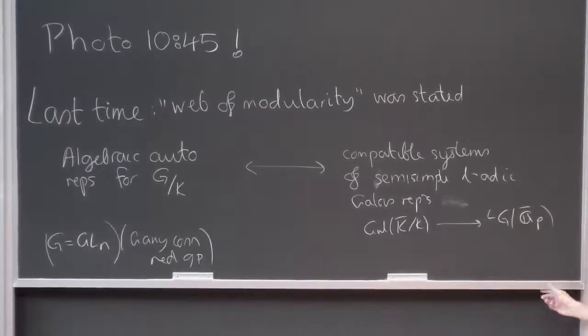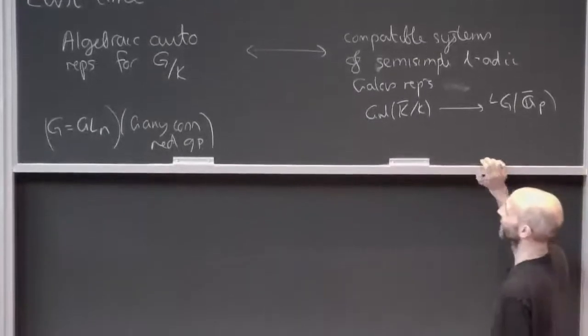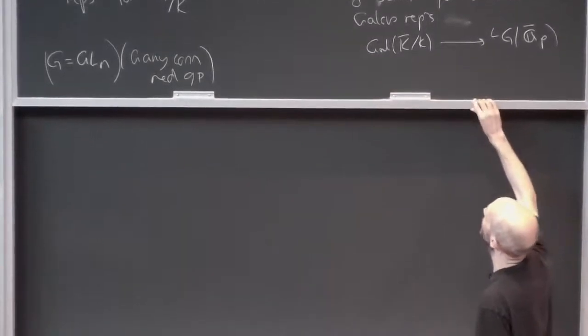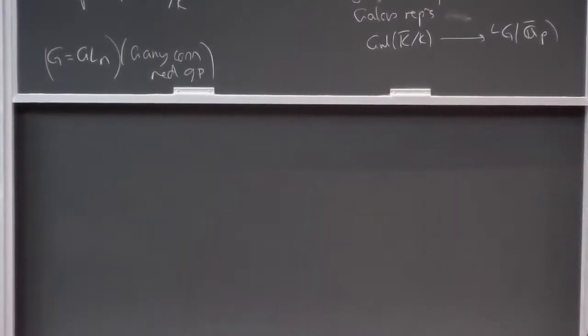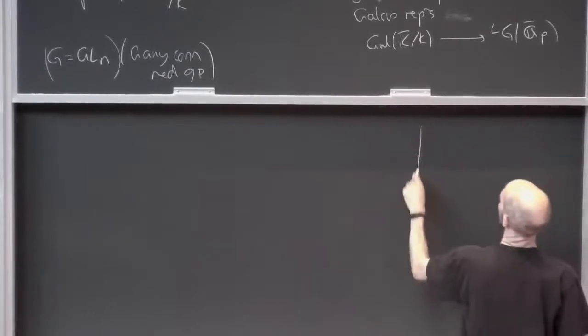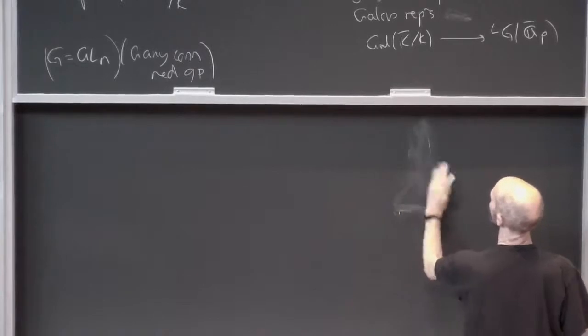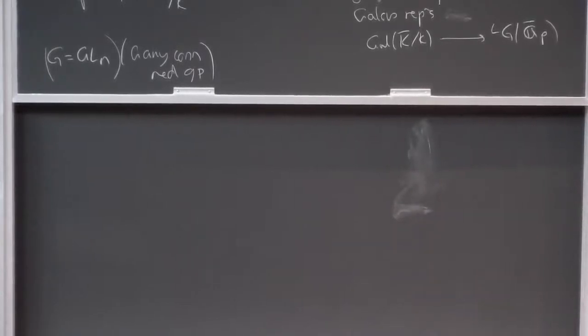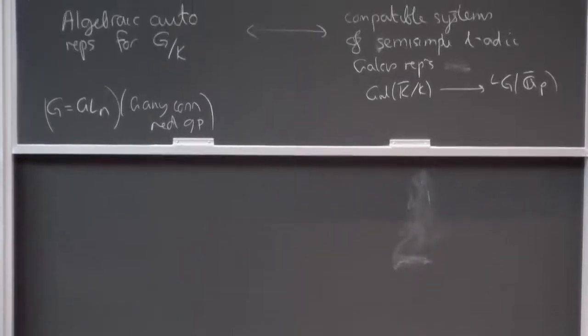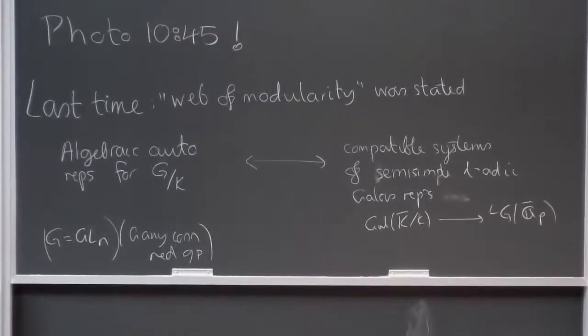So there's some fancy way of writing it, and maybe these should correspond to motives. Well, I don't know. Let's not go with motives. I'm not really sure what a G motive is for general G. So if G is GLN, then LG is also GLN.